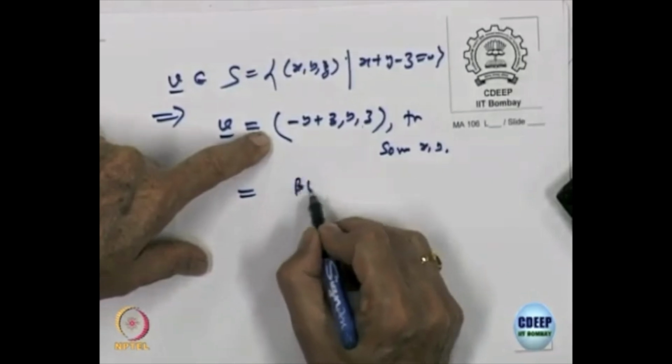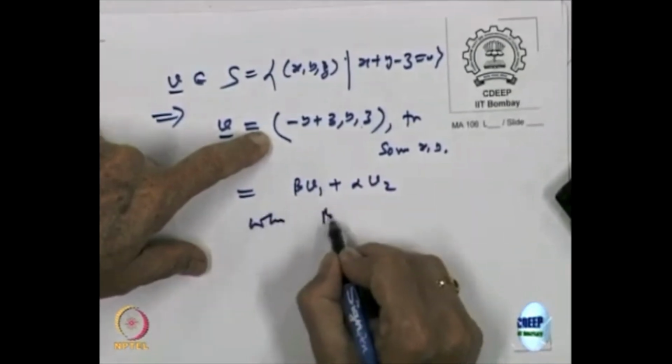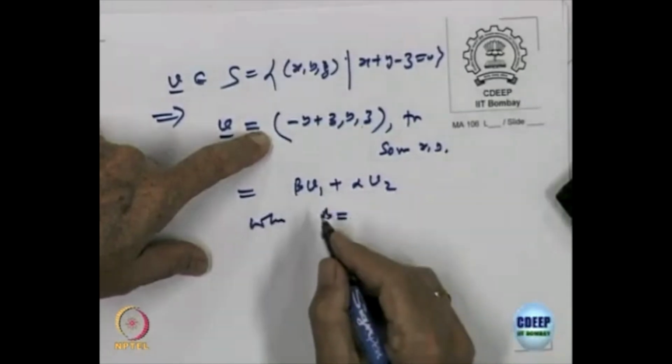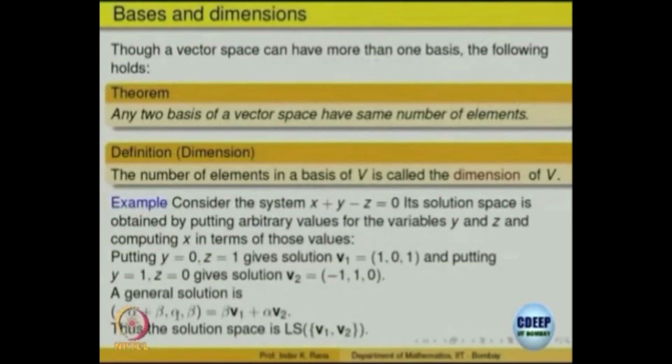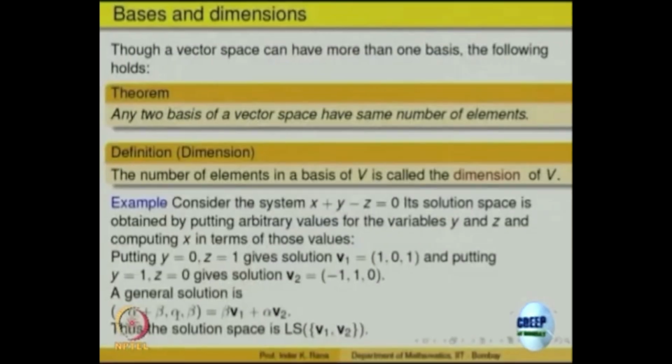I want to write it as alpha V1 plus beta V2, where alpha and beta are arbitrary.